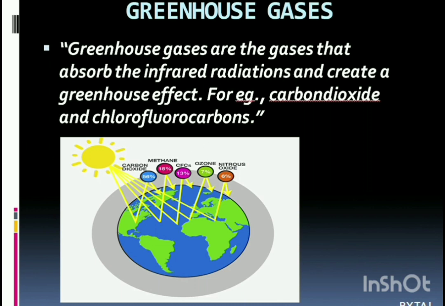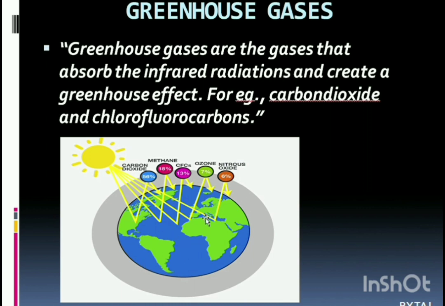These gases affect the earth surface and form a greenhouse effect. See here, carbon dioxide, methane, CFC, ozone are greenhouse gases. What happens naturally is that sunlight falls on the earth surface. Some of it is absorbed by the earth surface, and some of it is reflected back.